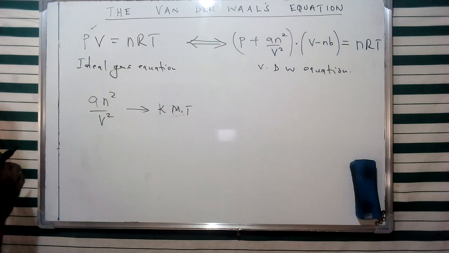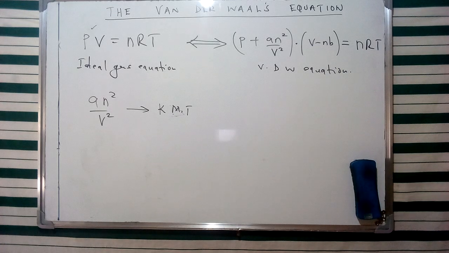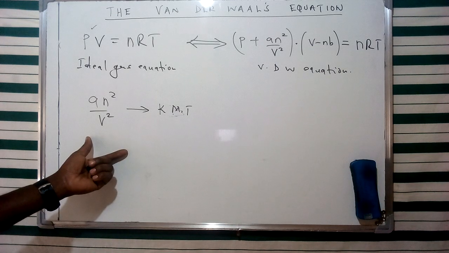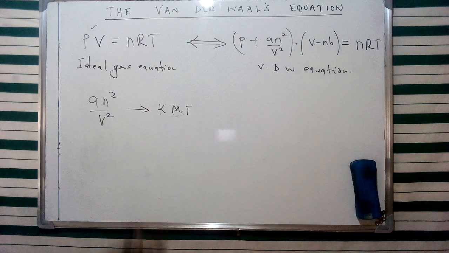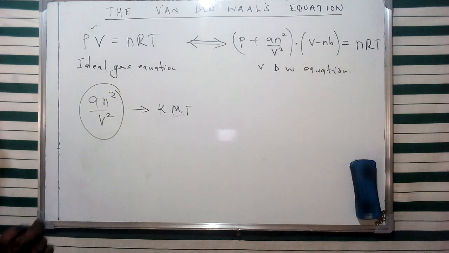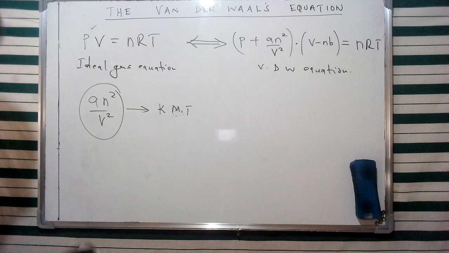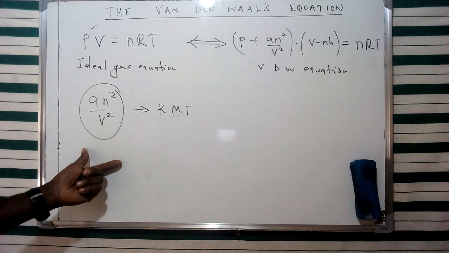Therefore, for us to cater for this specific aspect of pressure which is lower due to attractive forces between molecules, we add this specific factor in order to cater for that aspect of the real gases as observed from experimental data.